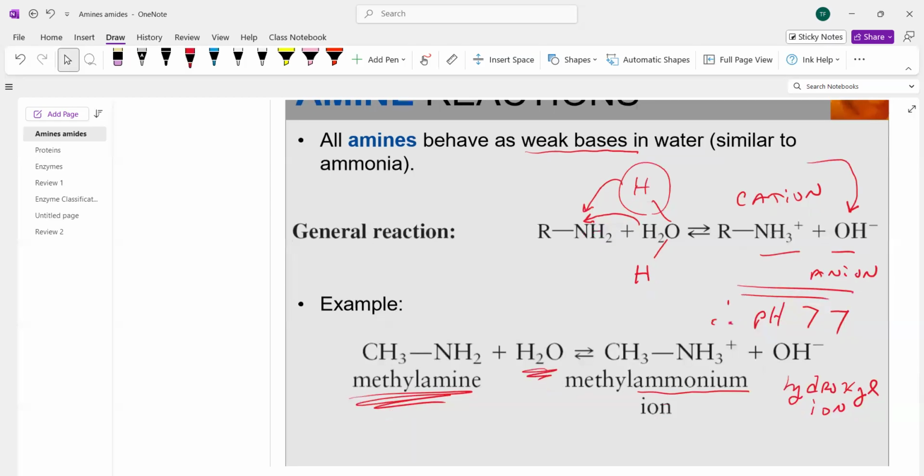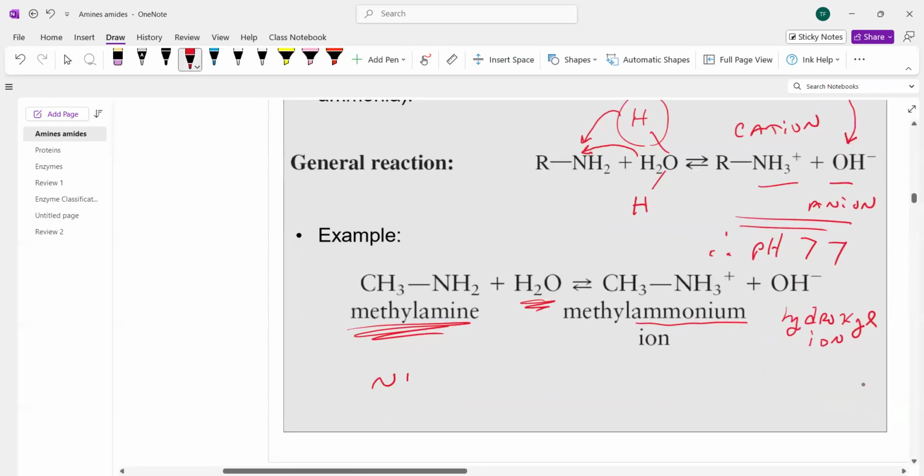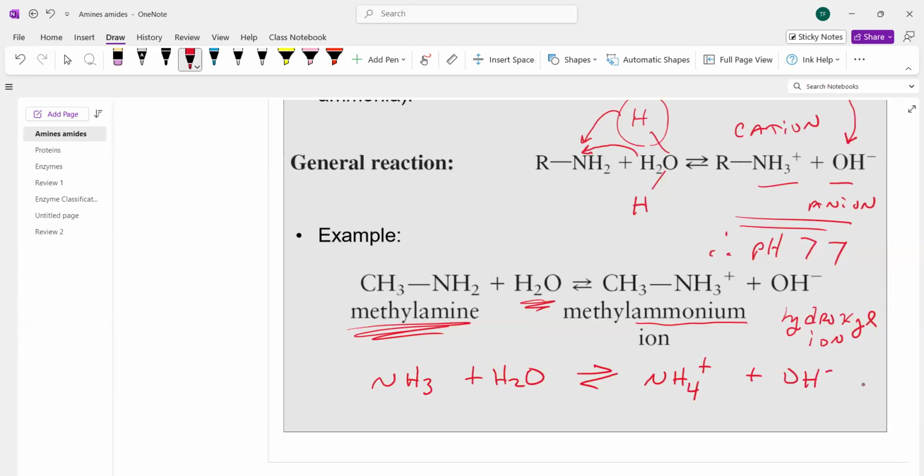Now, like for my bug spray, this is called ammonium hydroxide.